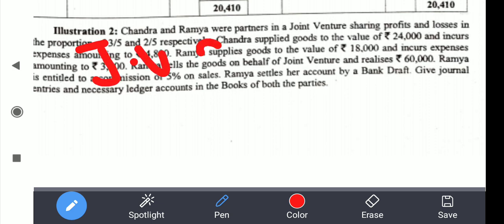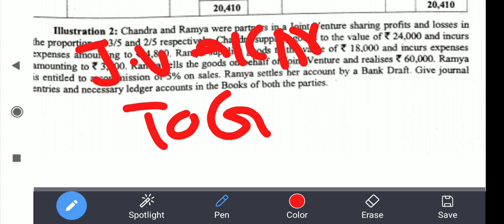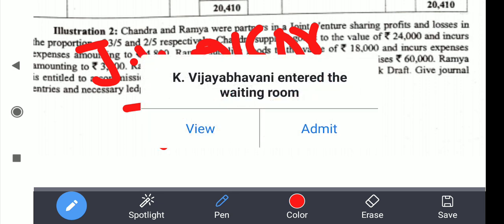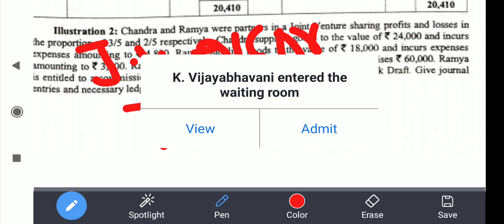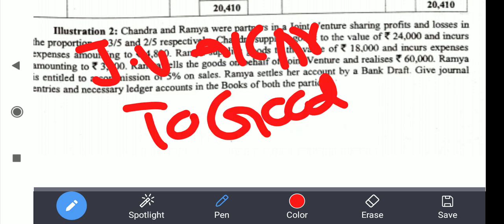Joint venture account debtor to goods account. For example, if cash is provided, then joint venture account debtor to cash or bank account. If goods are provided by the co-venture, joint venture account debtor to goods account, being goods supplied.